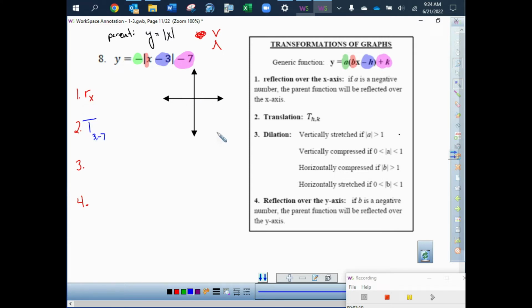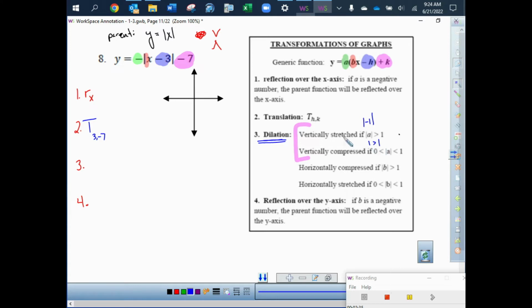Let's see if its size changed at all, if it's been dilated. It's all about those numbers of A and B. So first, let's check vertical. Vertical dilations are about the A value. Our A value is -1, but you see how there's bars? These absolute value bars say you've got to take the absolute value of -1, and that becomes 1.